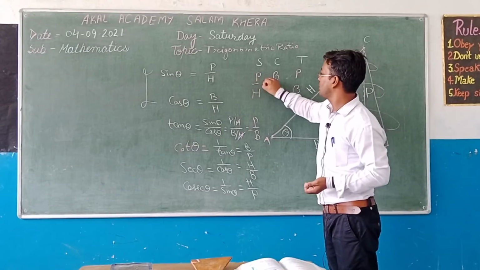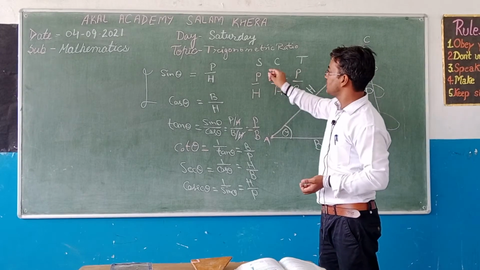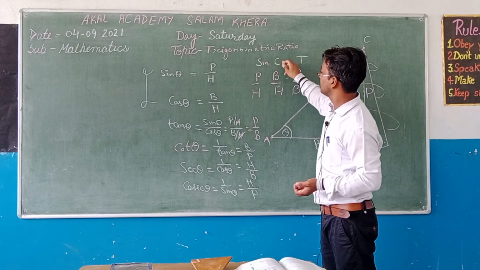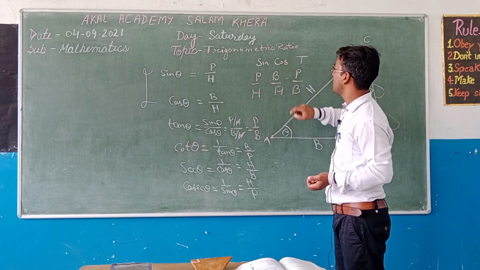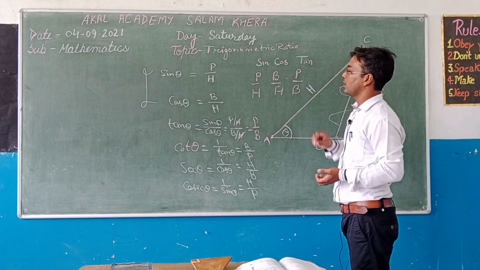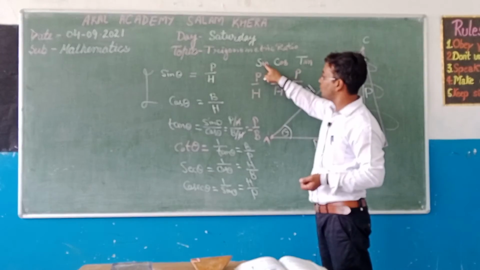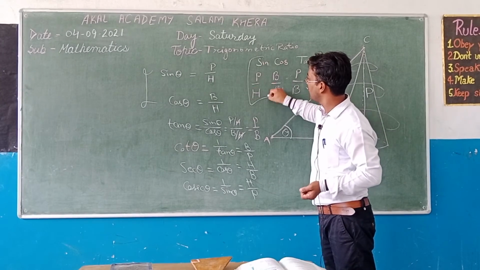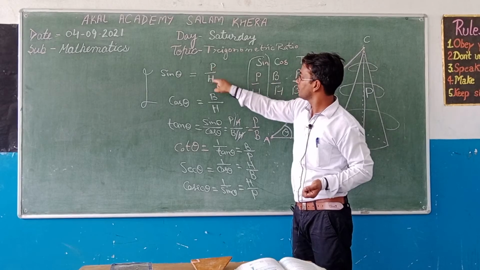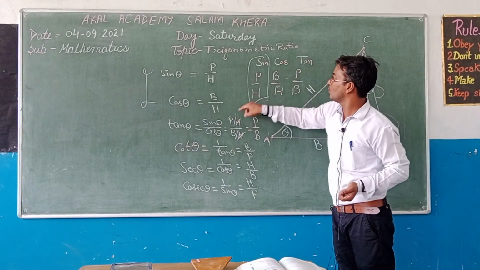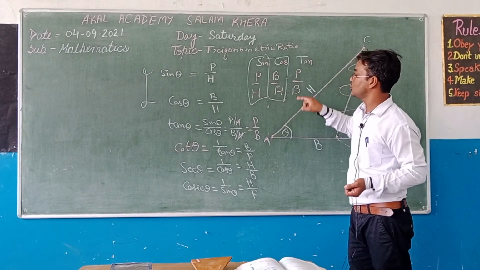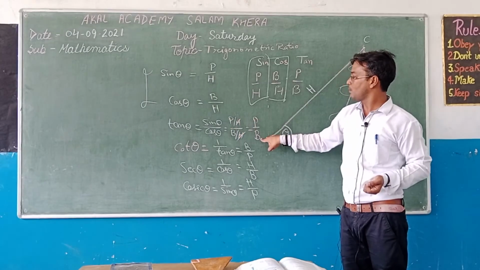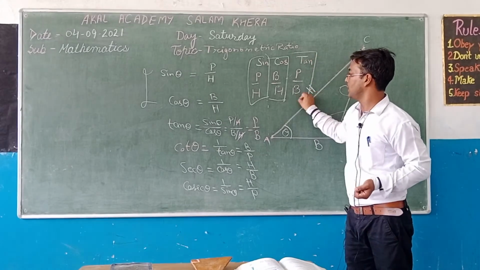In this trick you can see S stands for sin theta, C stands for cos theta, and T stands for tan theta. So sin formula you have P by H, cos value you have B by H, and tan value you have P by B.